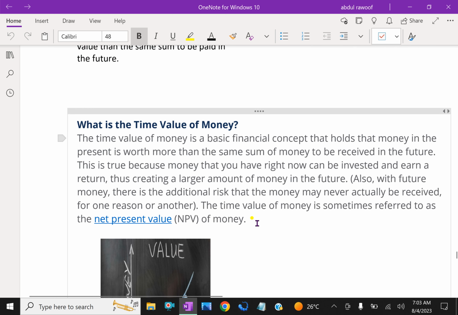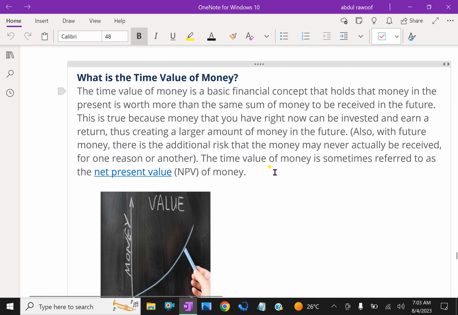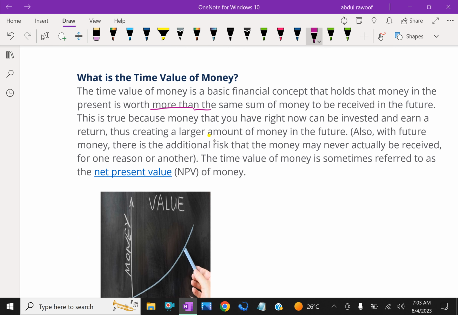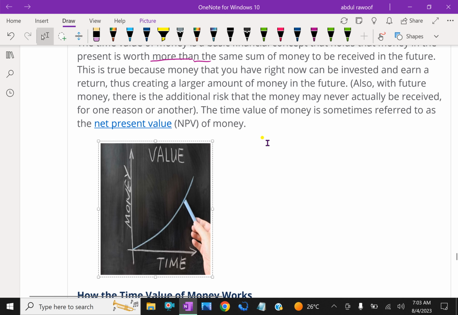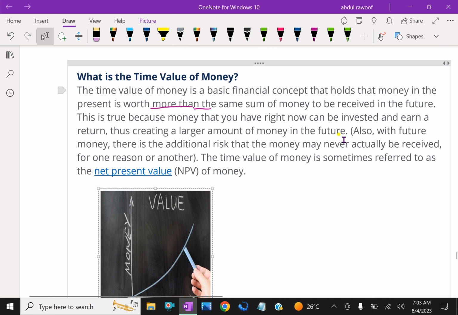Now, what is the time value of money? The time value of money is a basic financial concept that holds that money in the present is worth more than the same sum of money to be received in the future.